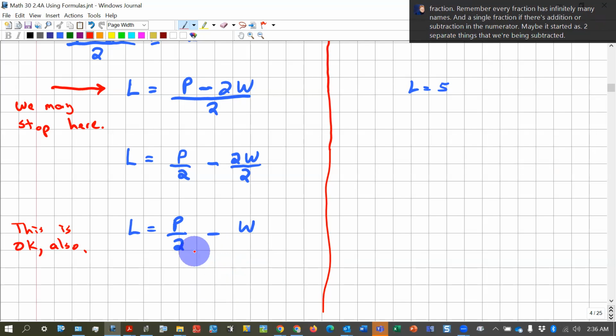So sometimes it's easier to take your answer and to try to make it look like your friend's answer or the answer in the back of the book. Other times it's easier to take your friend's answer and see if you can make it look like your answer.